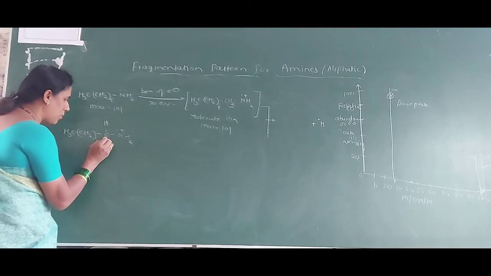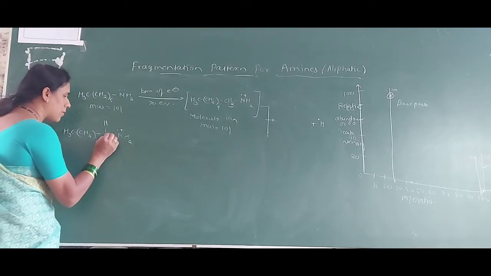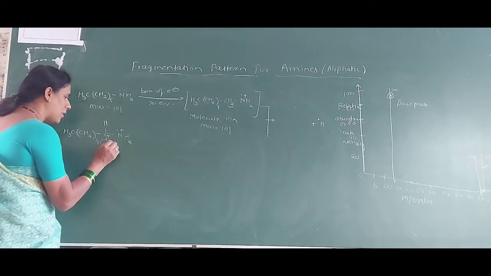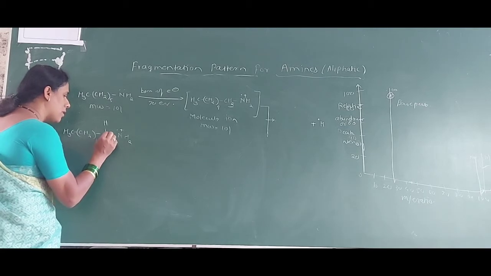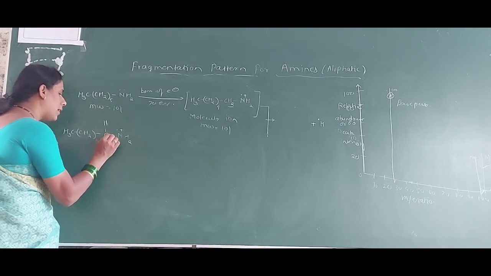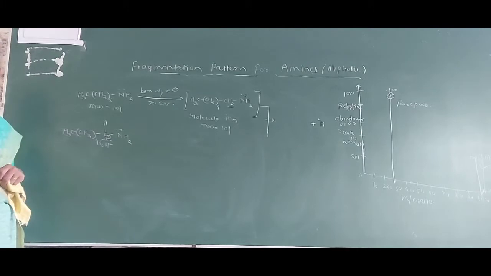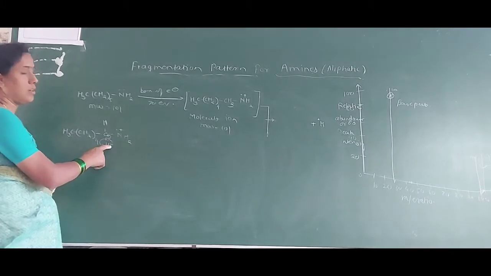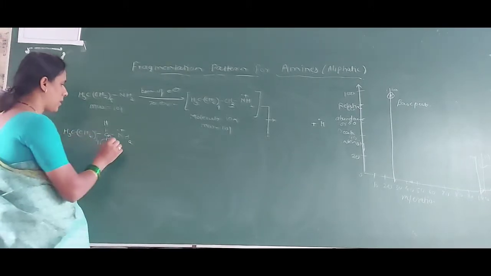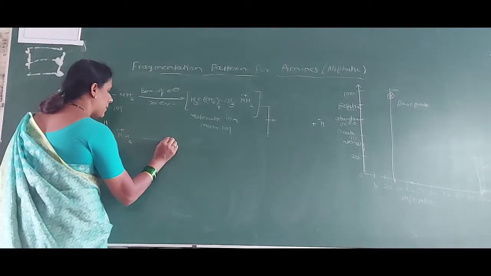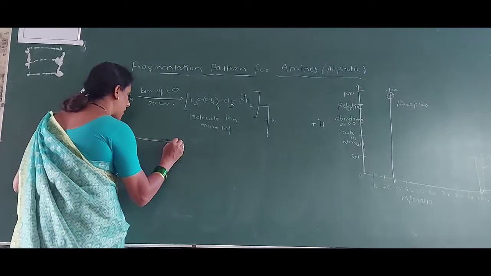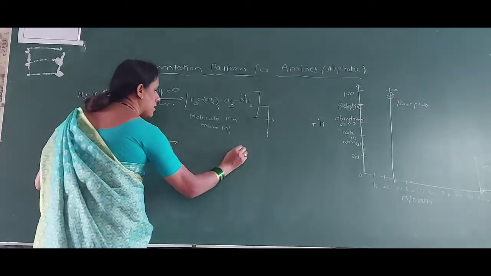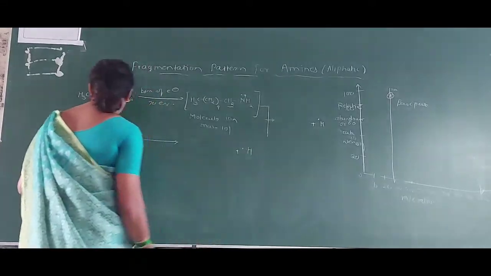Now we have to view this one. Then one electron goes here, one electron goes here. While breaking any bond, you have to draw the half-headed arrow. Okay. Now what happens? See here, there is a fragmentation like this. That is the formation of one radical here.